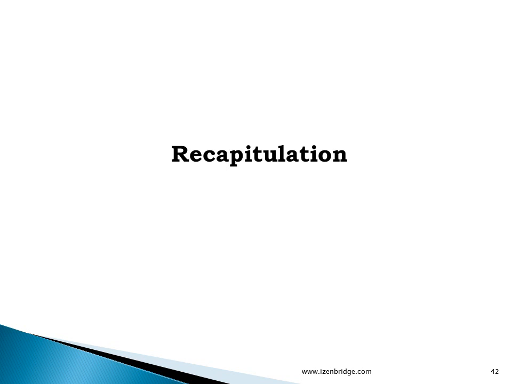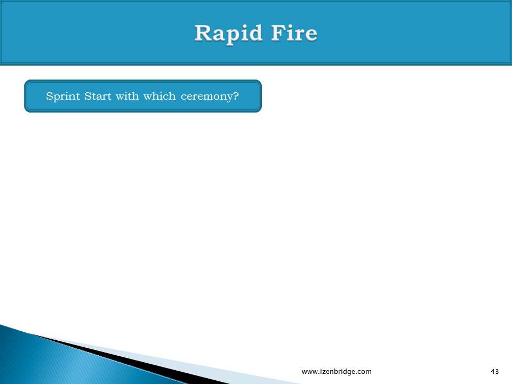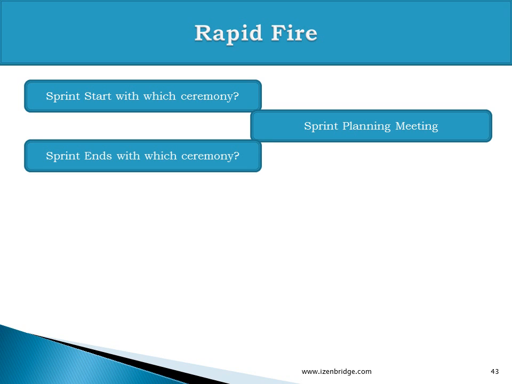So let us take a recap. Sprint starts with which ceremony? Sprint planning meeting. The sprint planning meeting happens at the beginning of the sprint, and it is the first ceremony of a sprint. And the sprint ends with which ceremony?